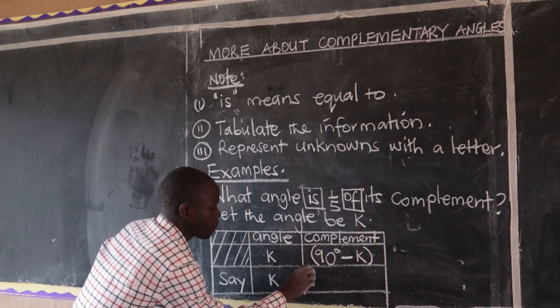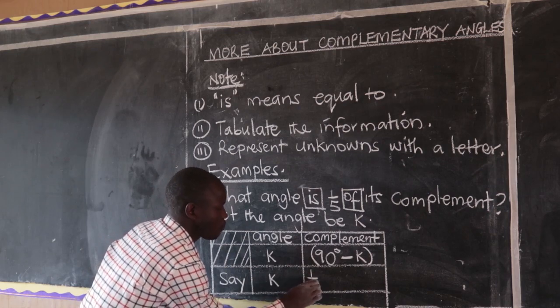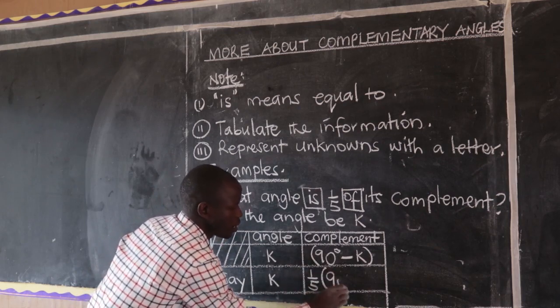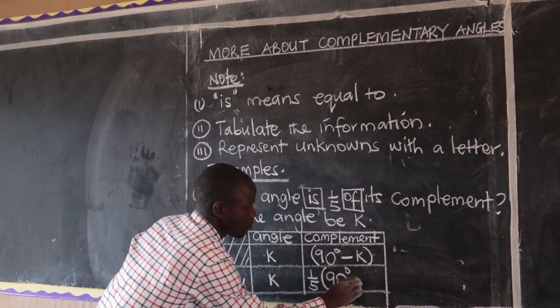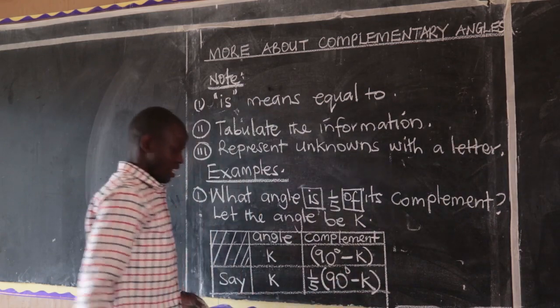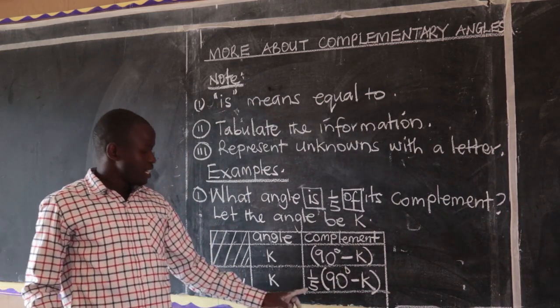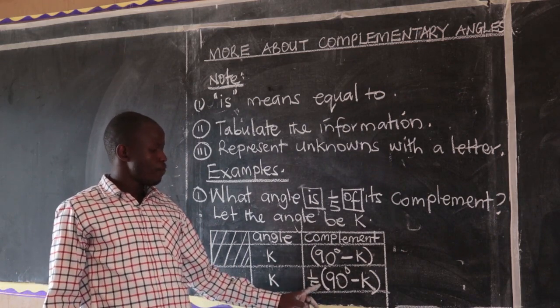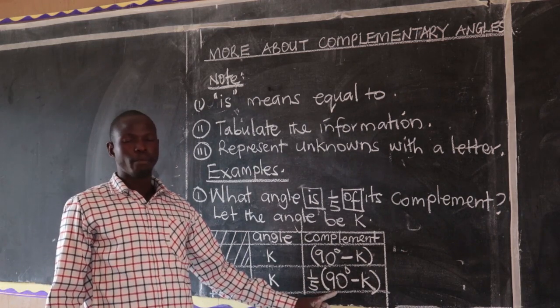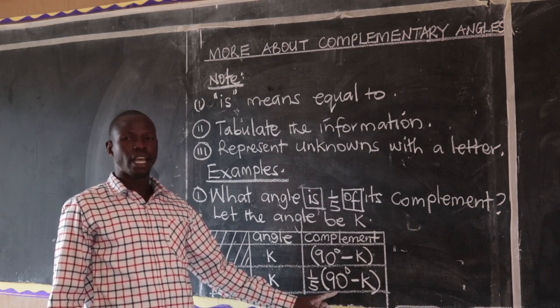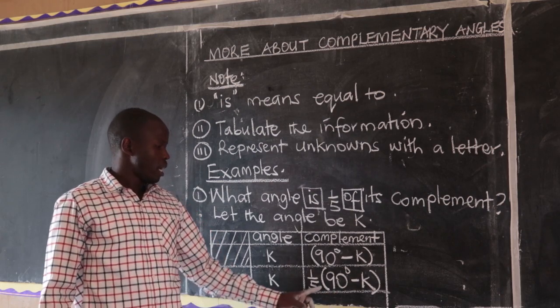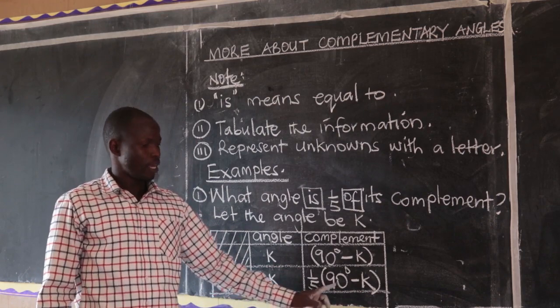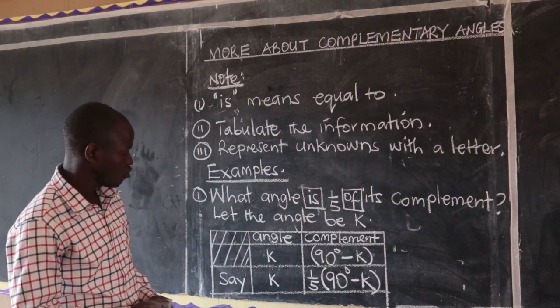That's why we say 1 out of 5 into brackets 90 degrees minus K. It can also be read as a fifth of the complement, which complement is 90 degrees minus K. And the emphasis here is the brackets.